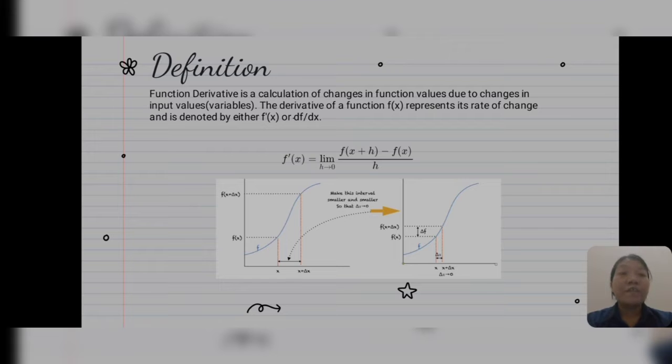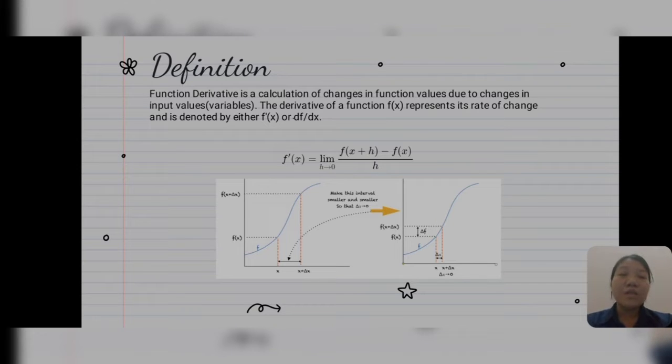Okay, so the first is the definition. A function derivative is a calculation of change in function values due to change in input values or variables. The derivative of a function f(x) represents its rate of change, and it is denoted by either f'(x) or delta f per delta x.